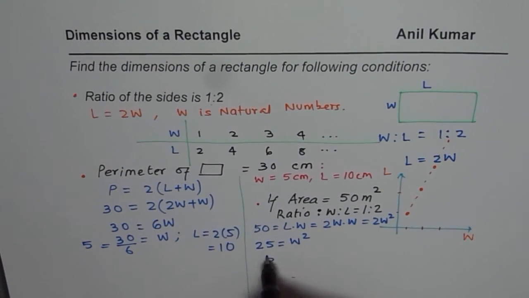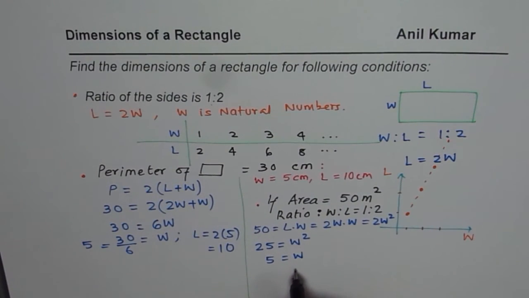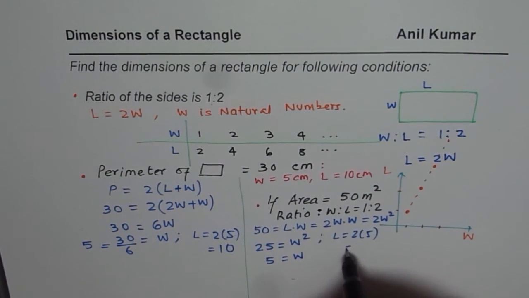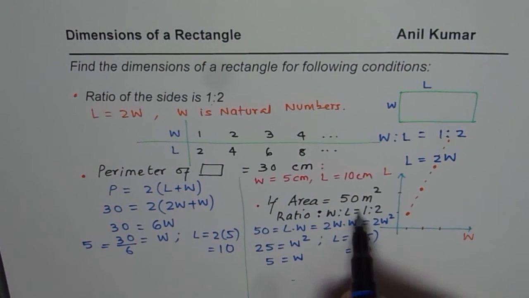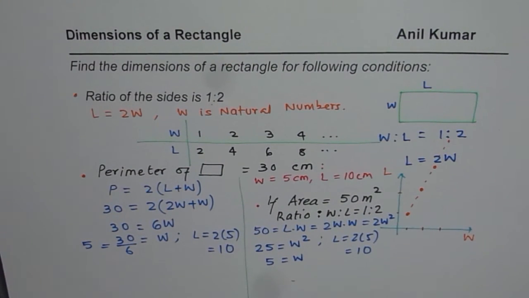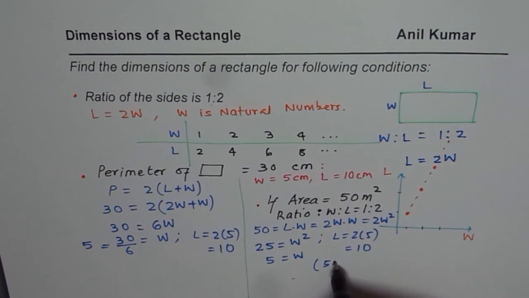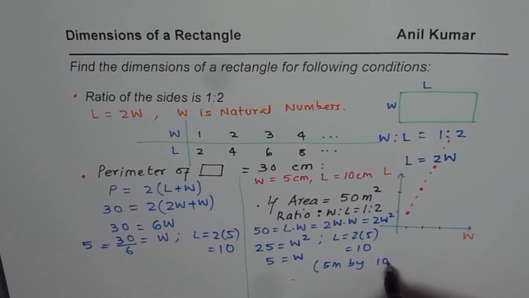So clearly, width is 5, and the length will be 2 times 5, equal to 10. For this area, the dimensions are 5 times 10, both in meters this time. So we have the answer as 5 meters by 10 meters.